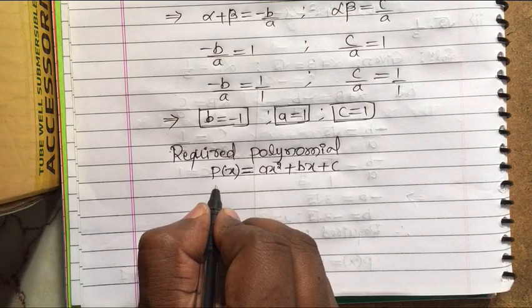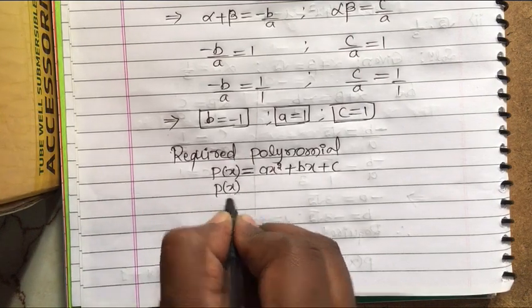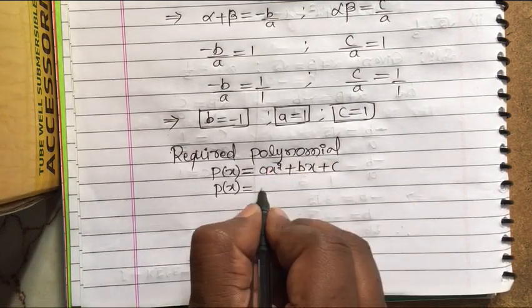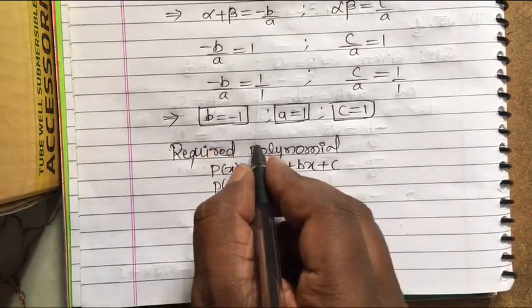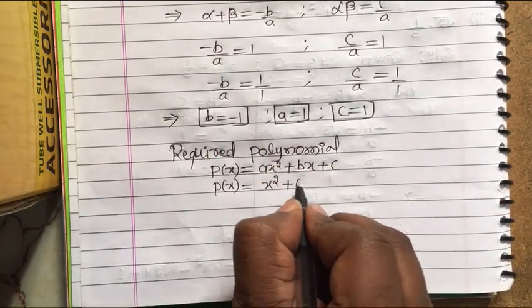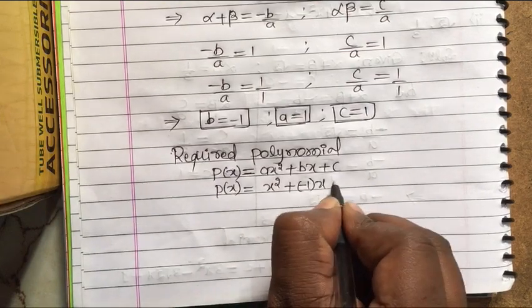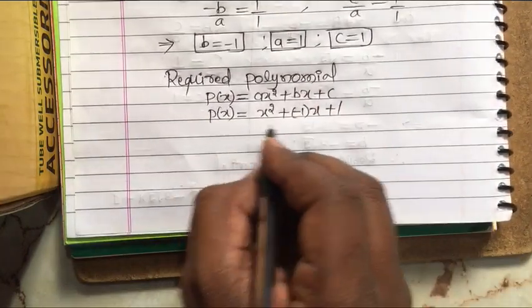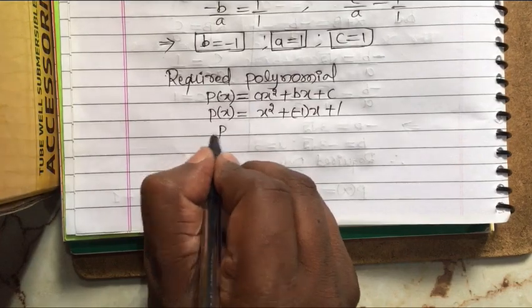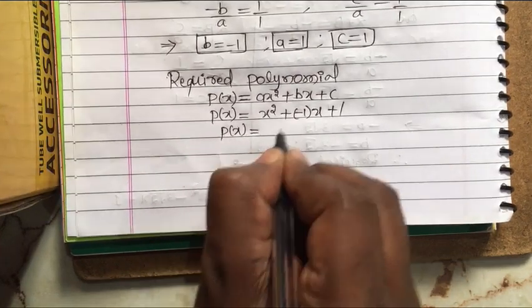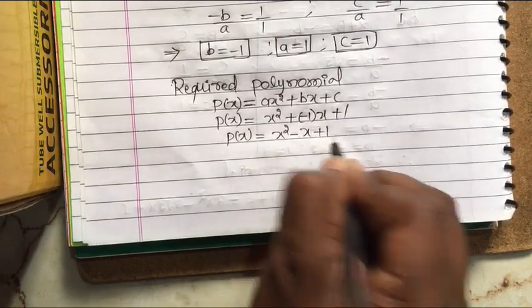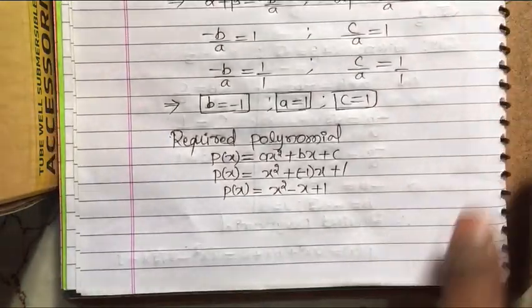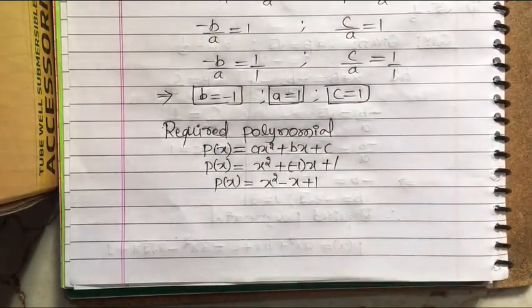So here p of x is equal to a, it is 1 into x square, it is x square, plus b it is minus 1, so minus 1 into x plus 1. Therefore the final answer will be p of x is equal to x square minus x plus 1. So this is the required polynomial.